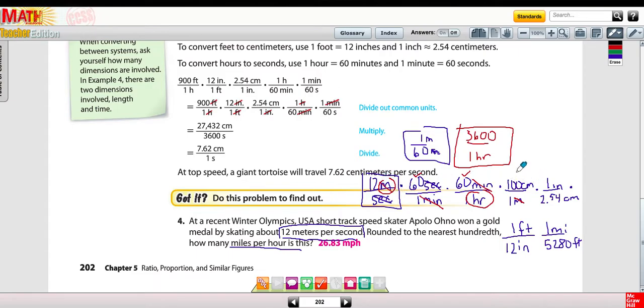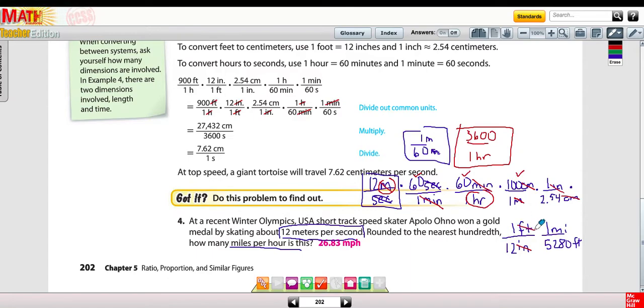And there are 100 centimeters in 1 meter. Now, I use my conversion of 2.54 centimeters in 1 inch, again, so I can cancel out the centimeters. And then I need to cancel out the inches. So inches are in the denominator, inches are in the numerator, so I can cancel those out.